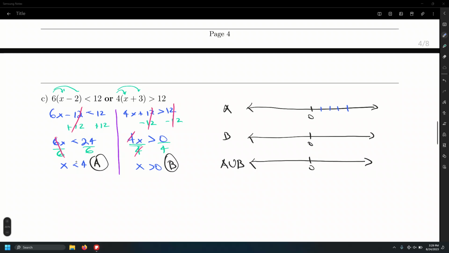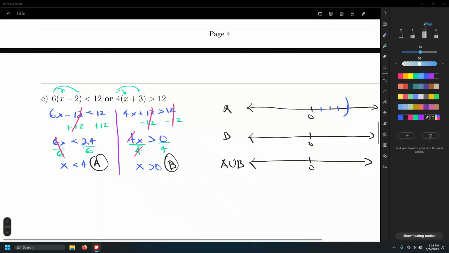So think of an arrow pointing towards the left, and in this case it's parentheses only because it's less than. Had we had the equal, then we would have used a bracket instead. So let's shade, using blue.